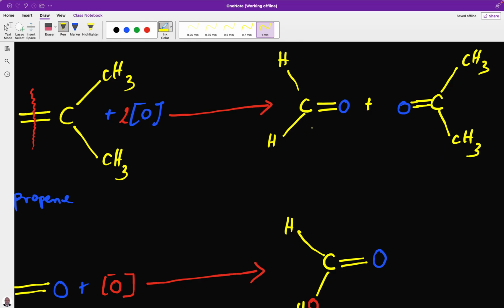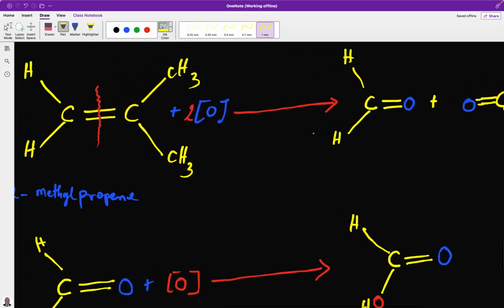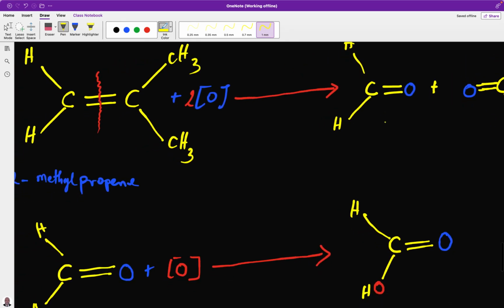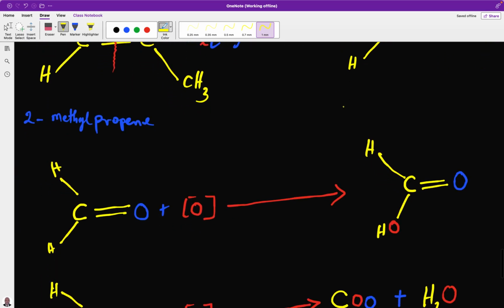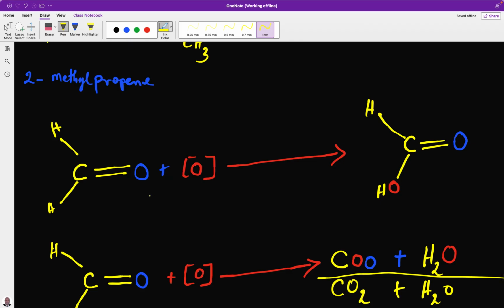Now this other molecule is here. This is not the final molecule. This molecule will not remain like that because it has hydrogen there. For that purpose, this is the molecule. It will undergo further oxidation to form this. This molecule again will not remain like that because there is a hydrogen there. Because there is a hydrogen there, it will still undergo further oxidation.